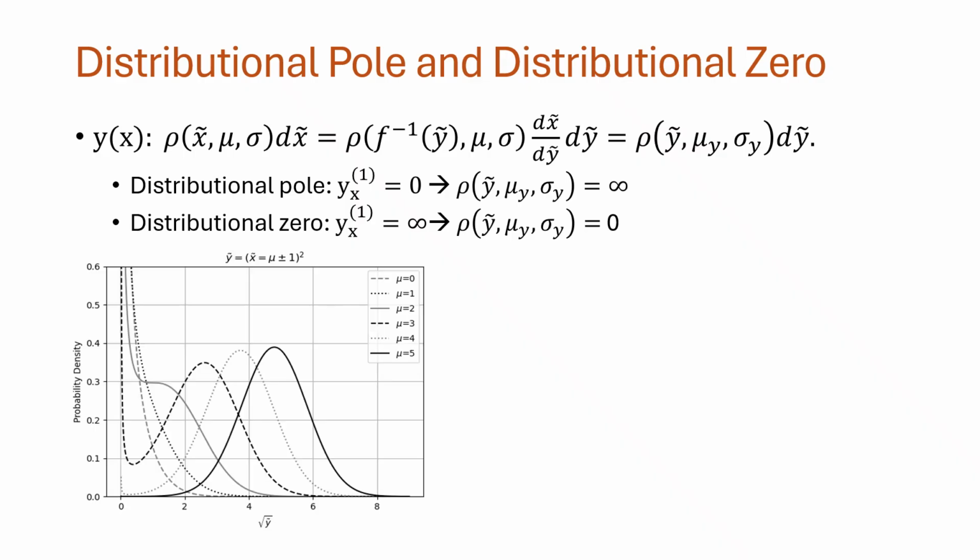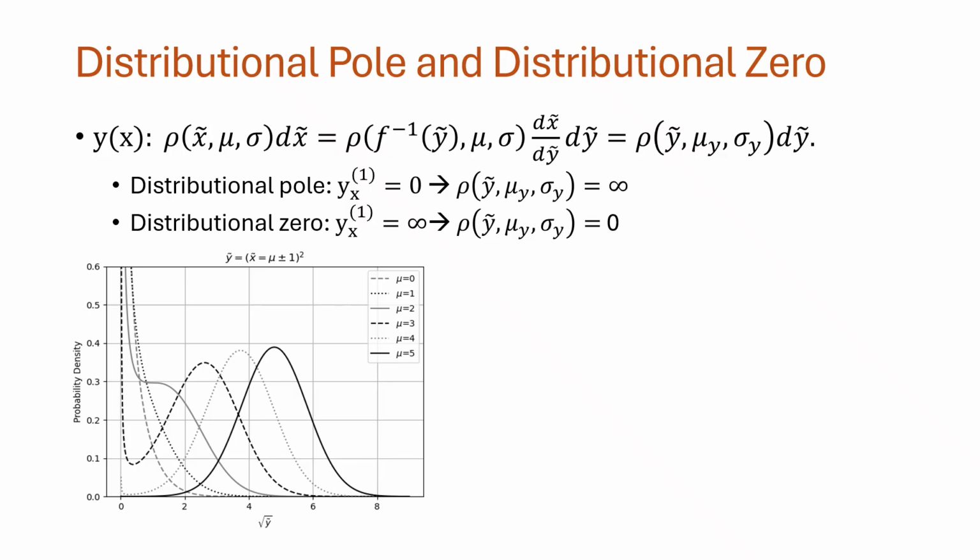Here are two examples. Here, we are calculating y equal to x squared, and the y-axis is the probability density. The x-axis is the square root of y, and the deviation is always 1, but the mean is changed from 0, 1, 2, 3, 4, and 5.